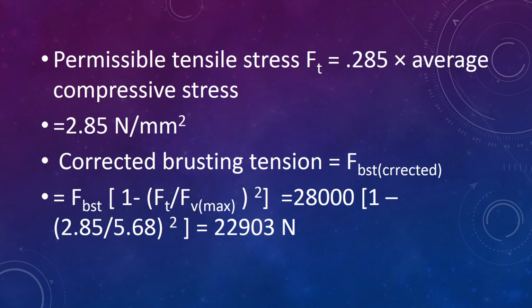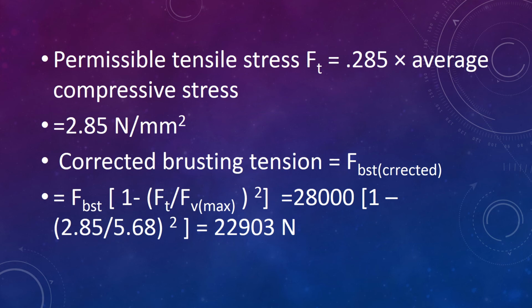Lastly, my final section is the corrected bursting tension, denoted by FBST corrected. This formula is also taken from the Zielinski and Rowe method.